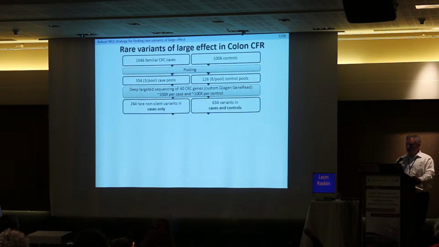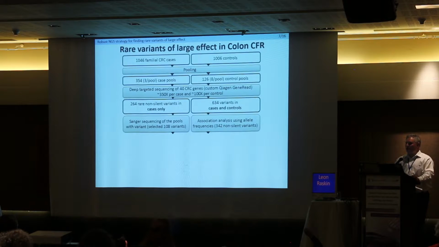Targeted sequencing was performed in 40 colorectal cancer genes with a mean depth of 350x in cases and 100x in controls. We identified 264 non-silent variants in cases only, not in controls or any other database, and 634 variants in cases and controls. Those found in cases only were used for Sanger sequencing analysis.